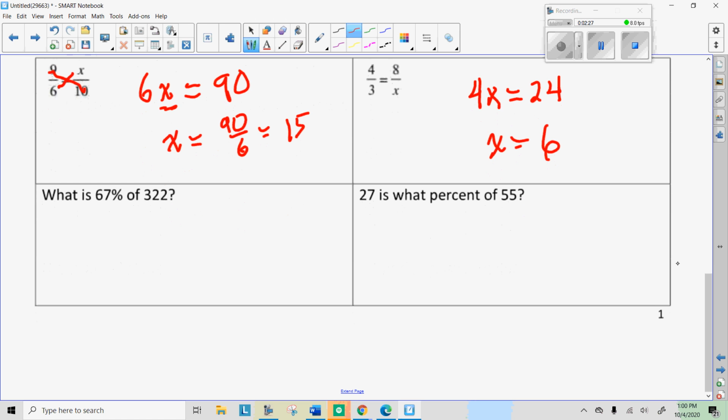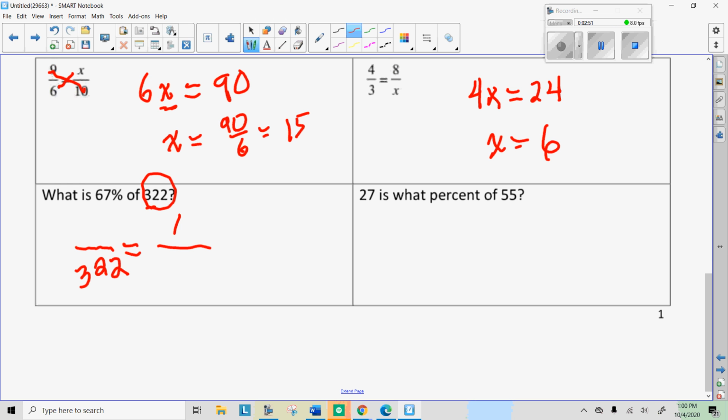Now, last year when you were doing percent problems, you probably used the window idea possibly. We're just going to use a proportion. It's pretty much the same thing. So whatever it's out of, that's your whole. So if you see the word of, that's going to go down in the bottom where the whole is.